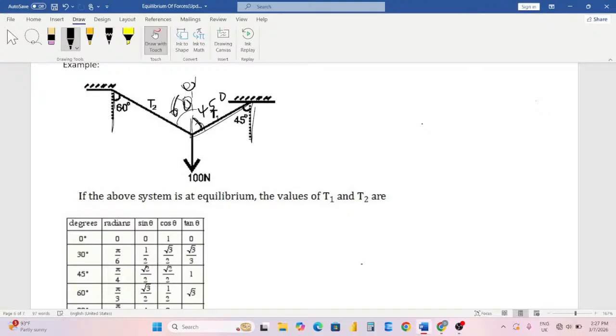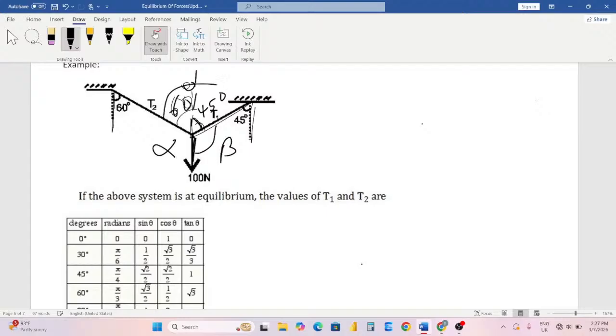Now taking this imaginary line to complete a straight line with this, we call this side, the one facing T2, beta, and the side facing T1 alpha.